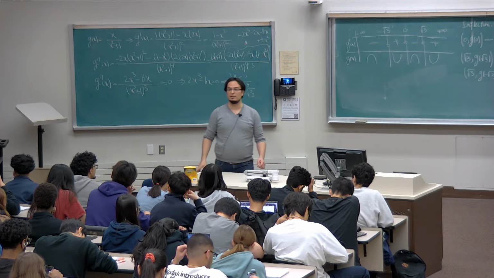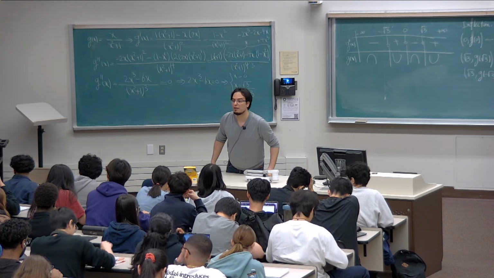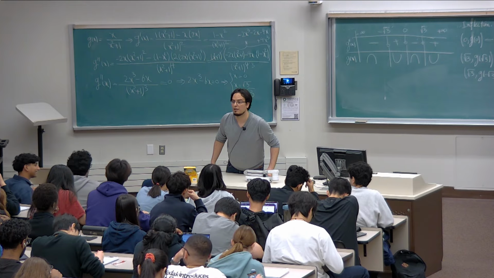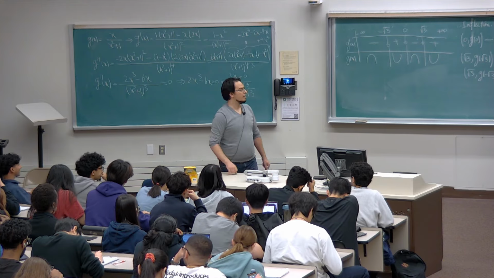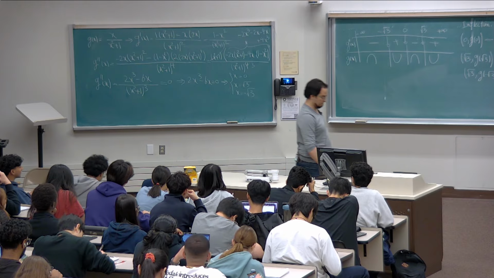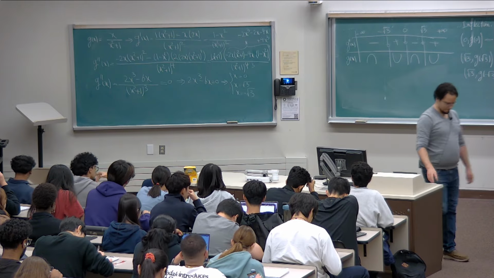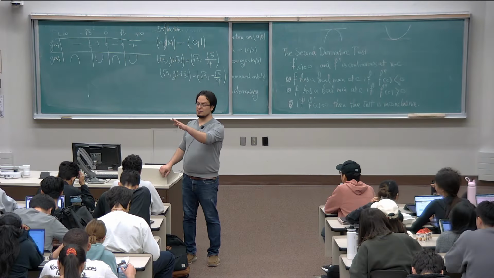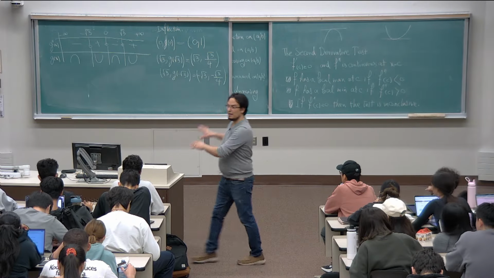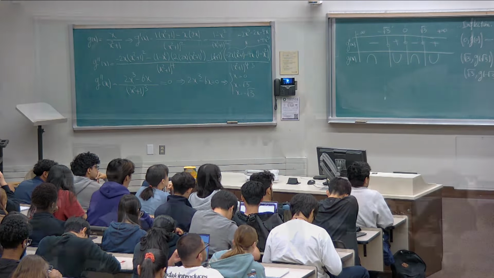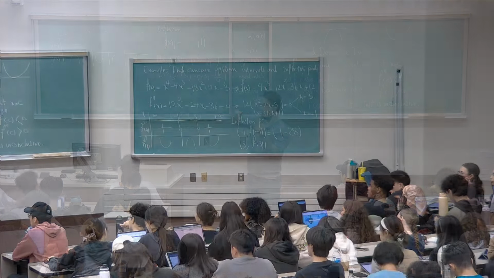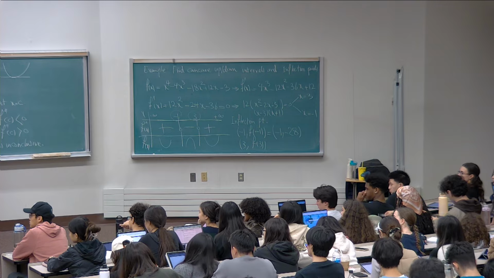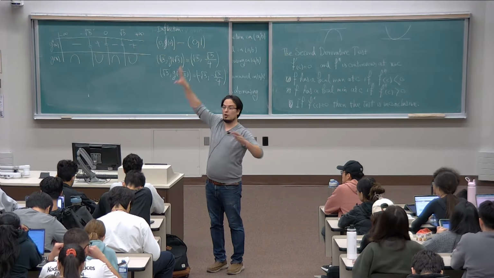Yes, please. The second derivative test tells us inflection points where the first does not. Let me see if I can find... The second derivative test, I know that there are other things you can attach to the second derivative, but I don't want you to think of the second derivative test as all other things.